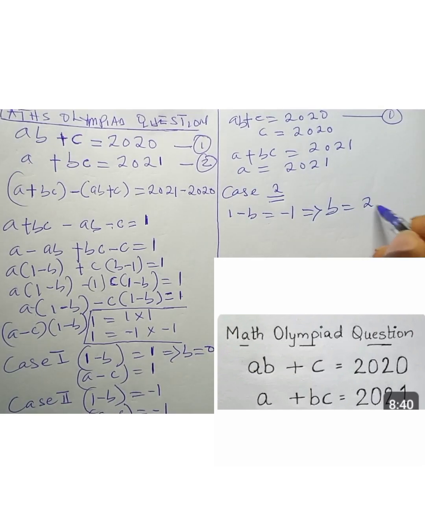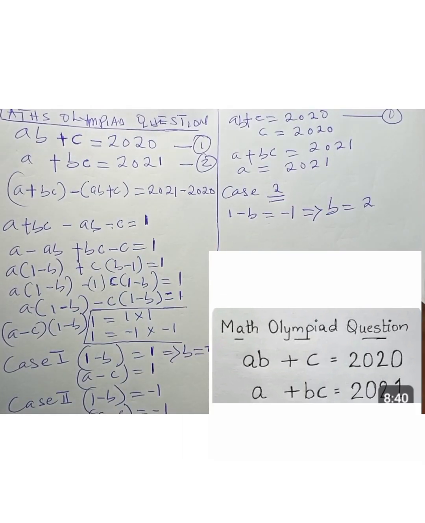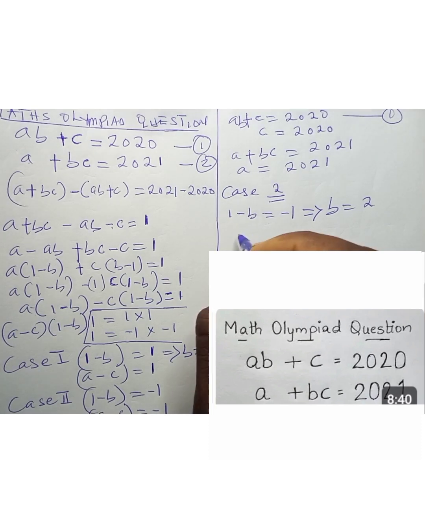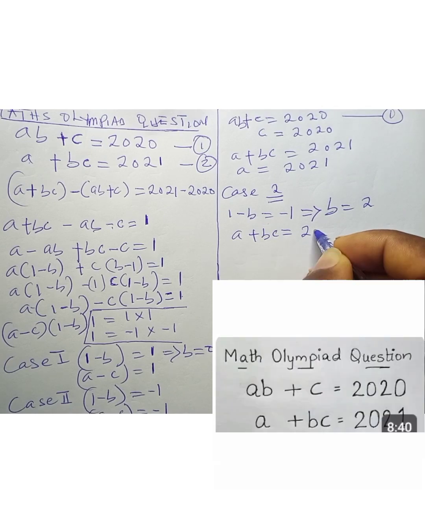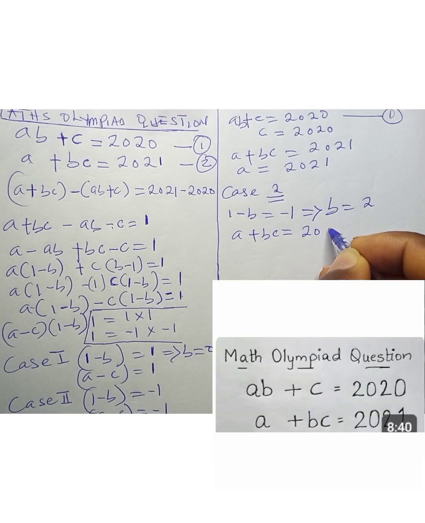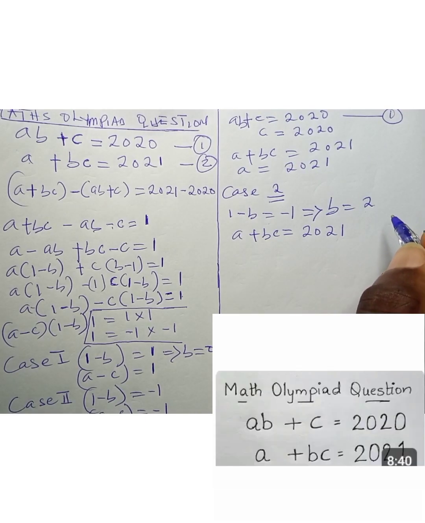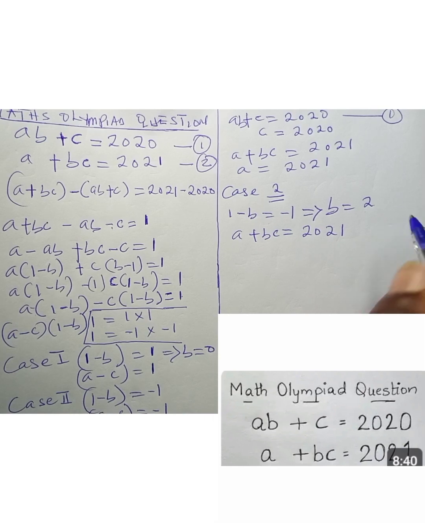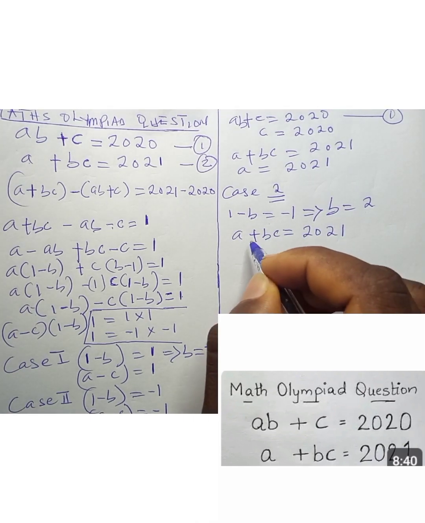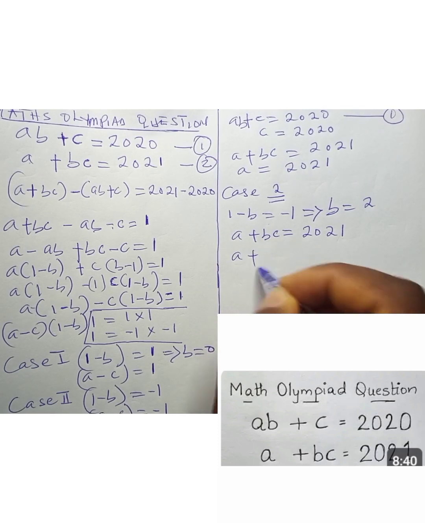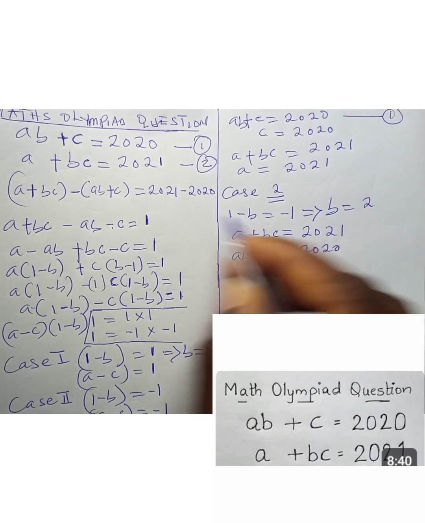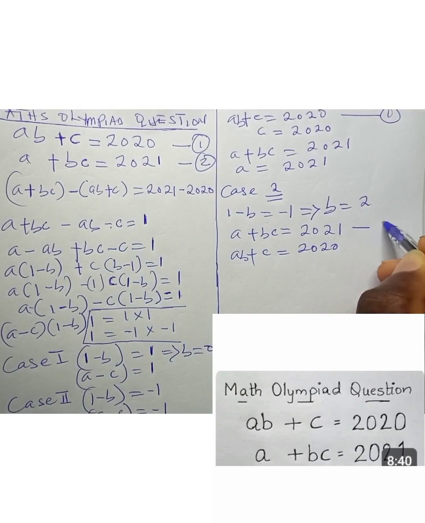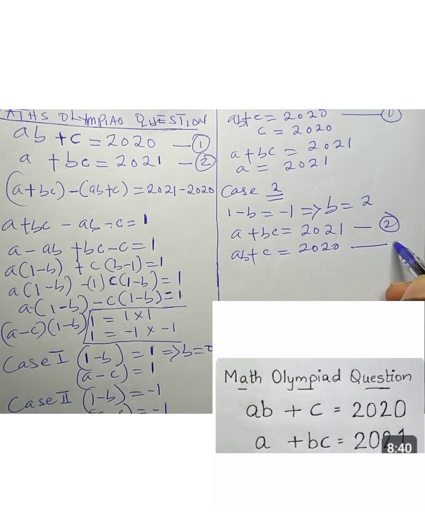If we substitute the value of B into the original equations, remember the original equation was A plus BC equals 2021, and we also have the second one, AB plus C equals 2020. This was our equation 2, and this is our equation 1.